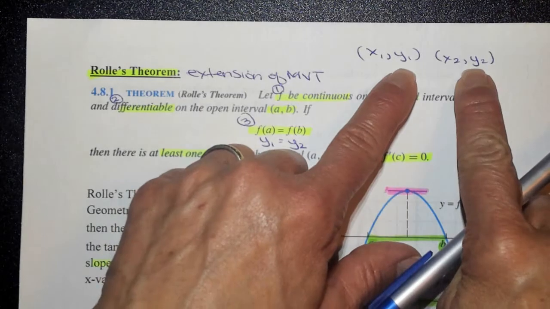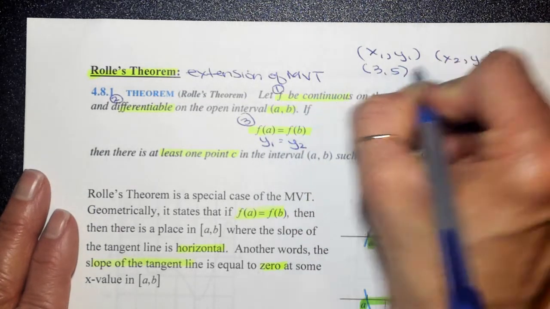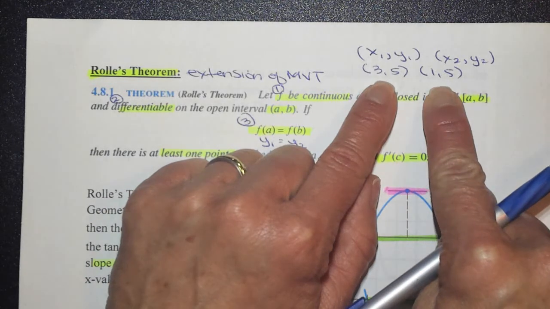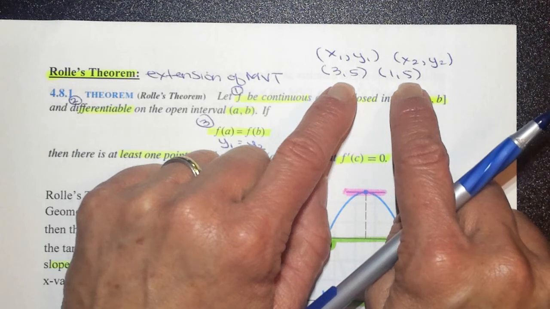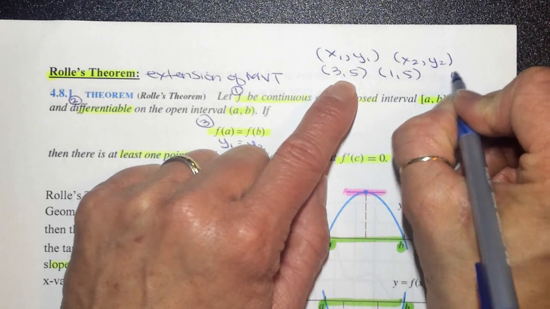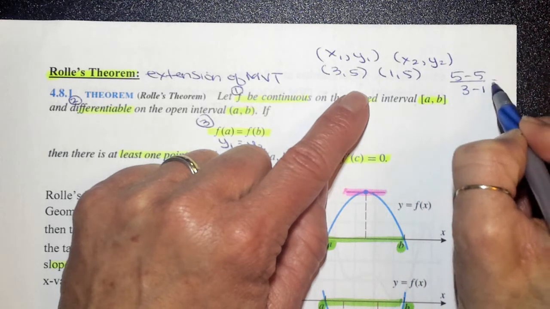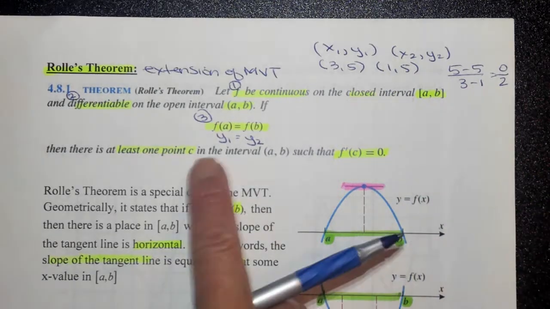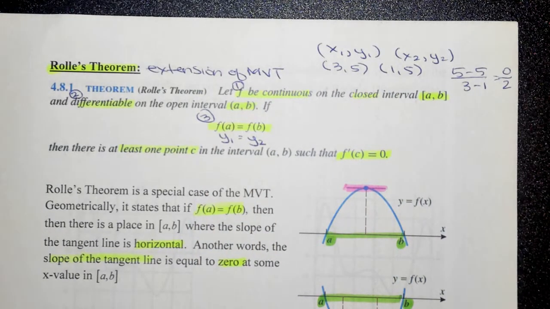If these two values are equal, let's say I have the points (3, 5) and (1, 5), and I calculate the slope using these two points, you have 5 minus 5 over 3 minus 1. It doesn't really matter, because you have 0 over 2. The slope is 0. If your two y values are equal, you will have a slope of the secant line that is 0.